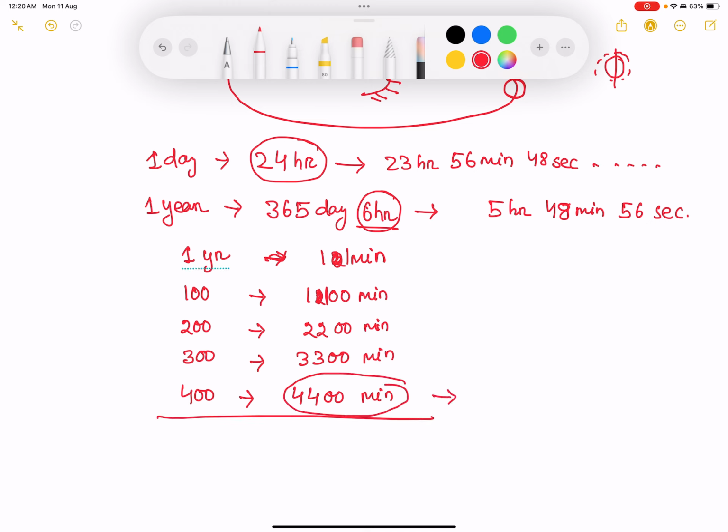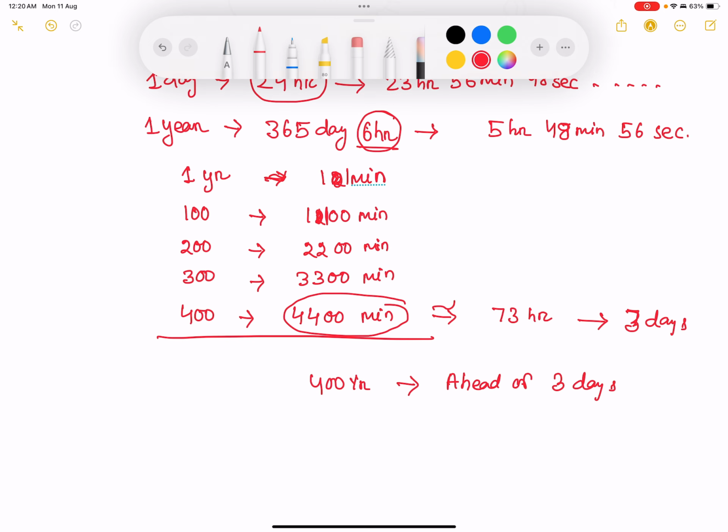That means almost 73 hours. 73 hours means, can you tell me how many days? Sorry, means almost 3 days. Okay, means every 400 years we are calculating ahead by 3 days, but the actual time is behind that 3 days what we are calculating.